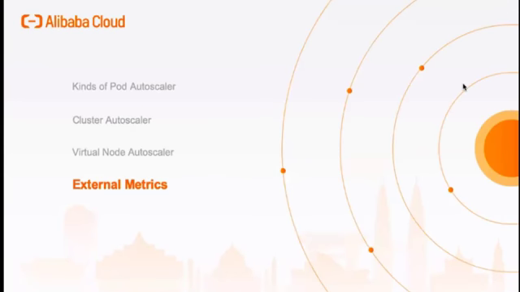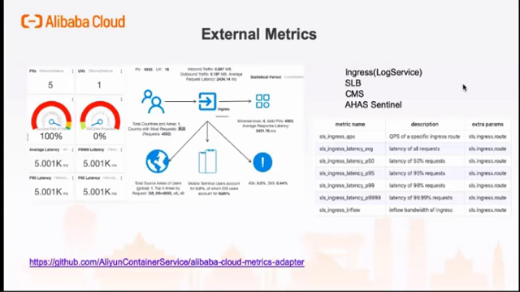So what are external metrics? We know by default Kubernetes provides resource metrics, CPU and memory. But sometimes just CPU and memory to do AutoScaling is not enough. For example, maybe we want to use our website QPS or our application latency. So how can we do that?